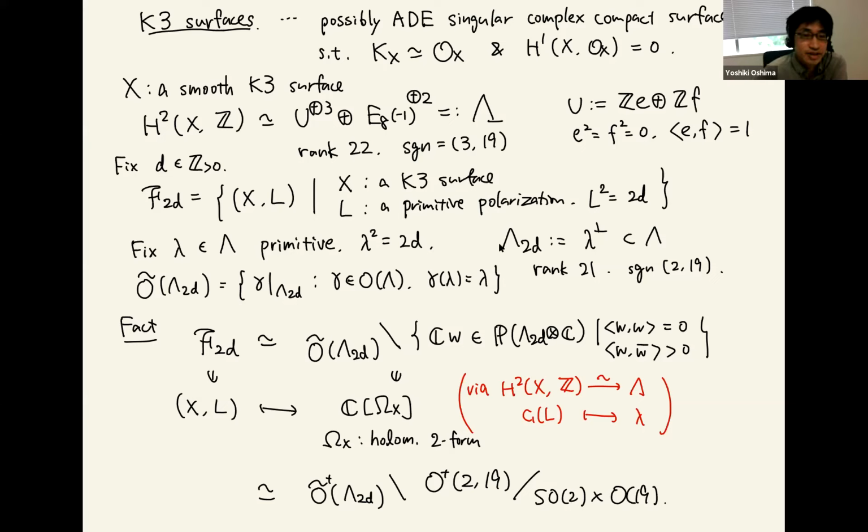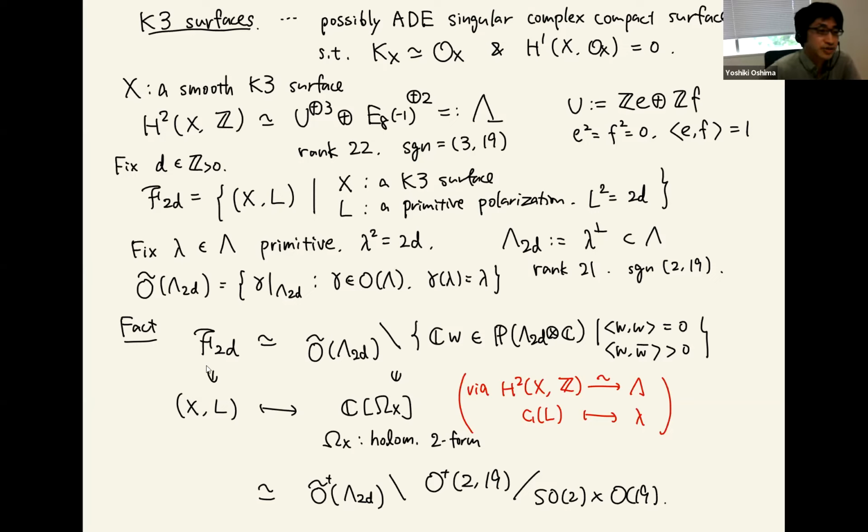We write Lambda 2D for the orthogonal complement of this vector. This has rank 21 and signature (2,19). And we define O tilde Lambda 2D to be the automorphisms of the lattice which fix lambda, restricted to this smaller lattice.